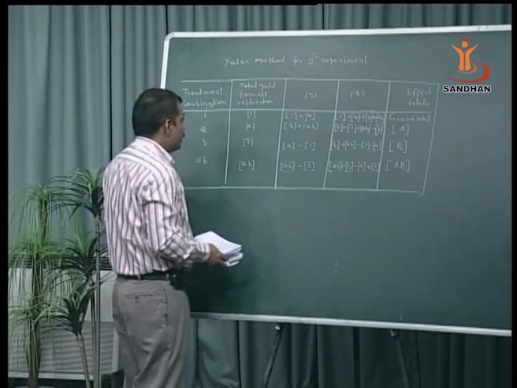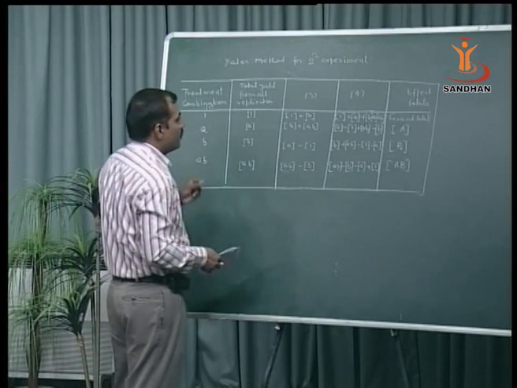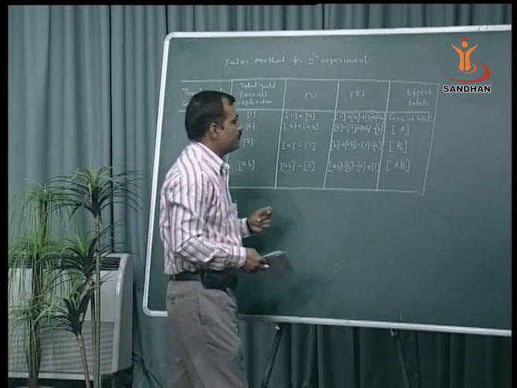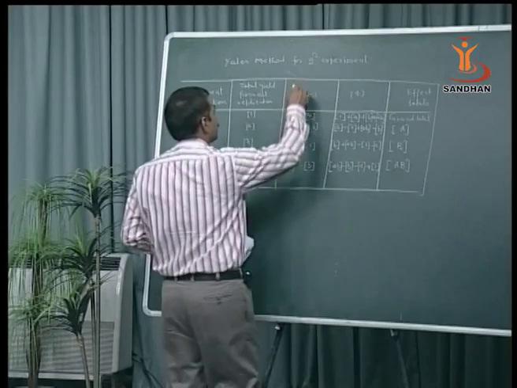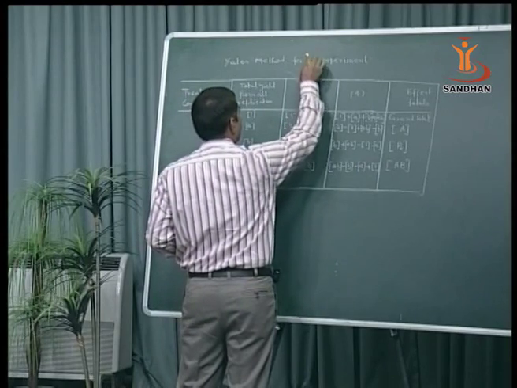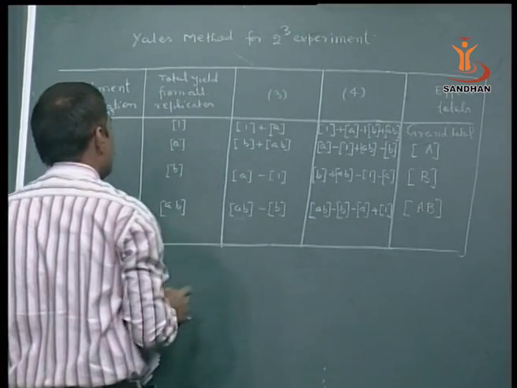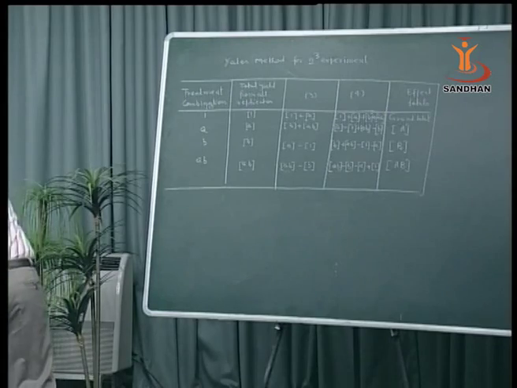So using Yates method we get effect totals. Now consider a 2 raised to power 3 experiment.